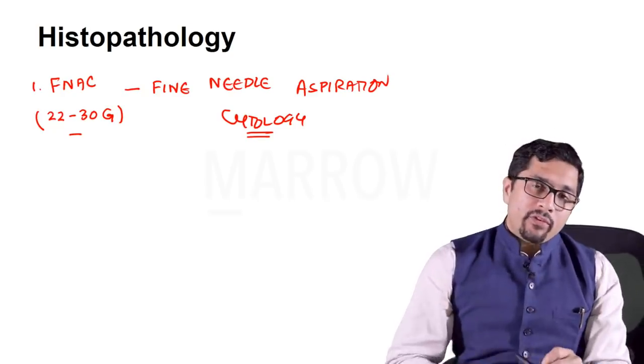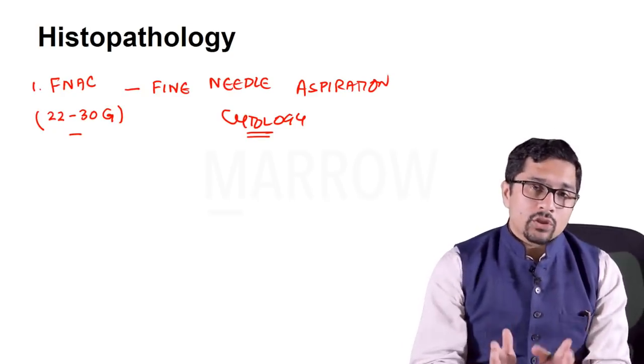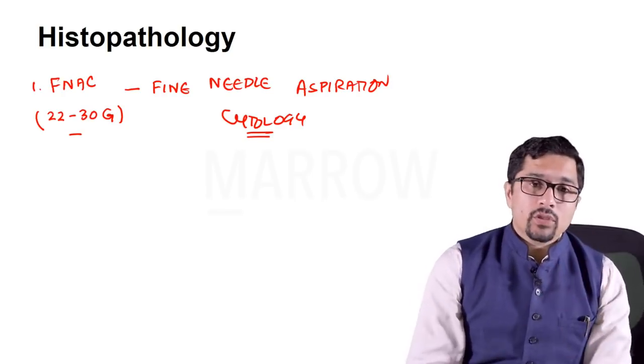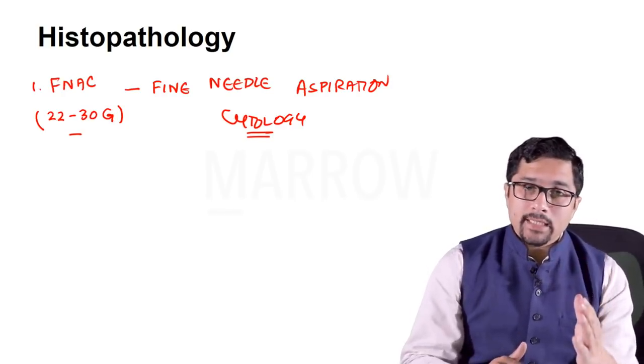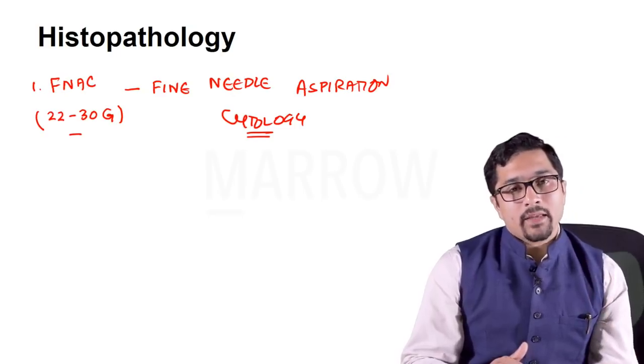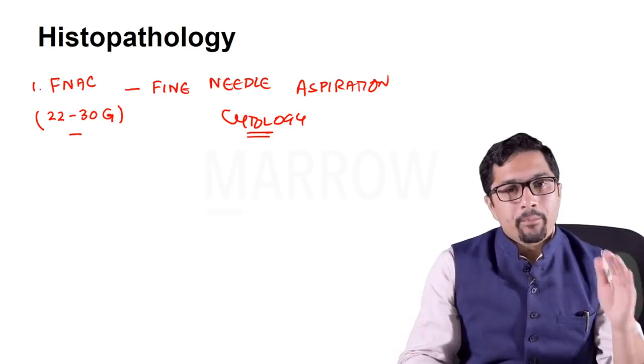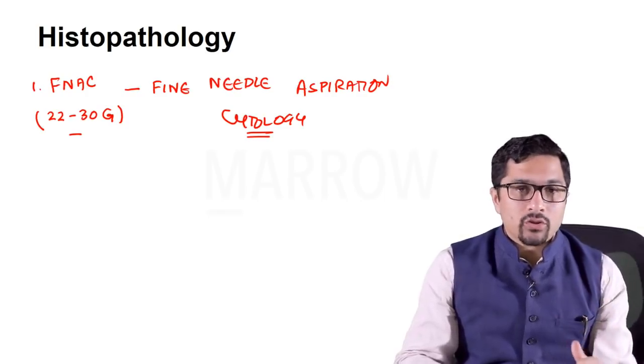The problem of FNAC when it comes to breast lesions, there are two main problems. A, it cannot differentiate between an in situ and an invasive cancer because we cannot document basement membrane invasion.